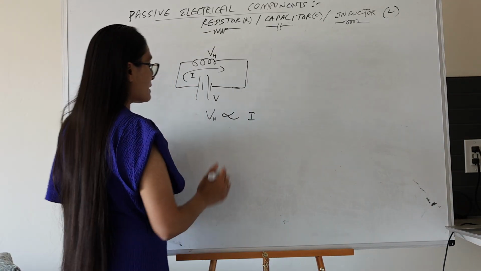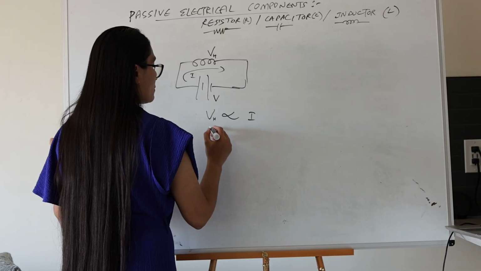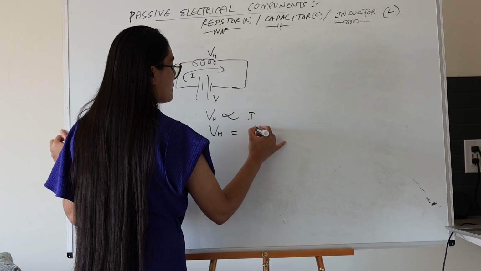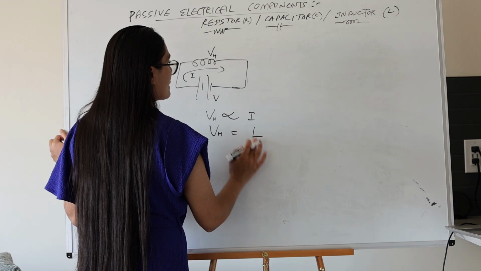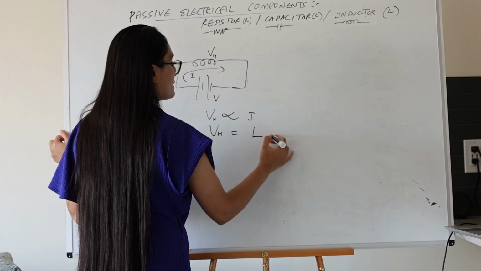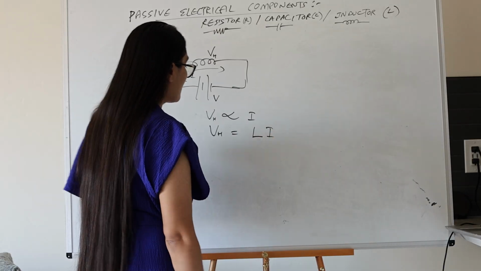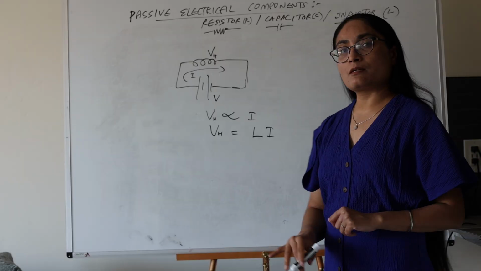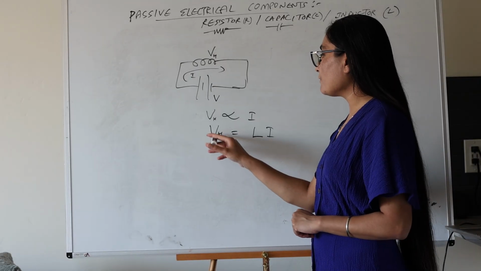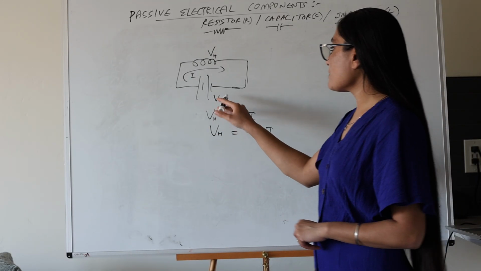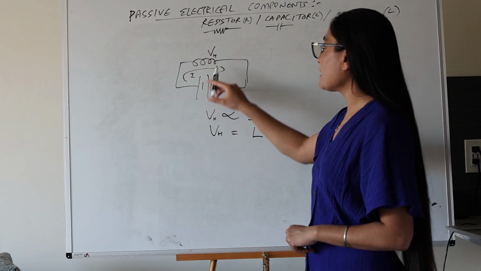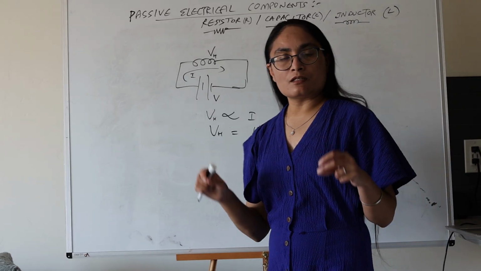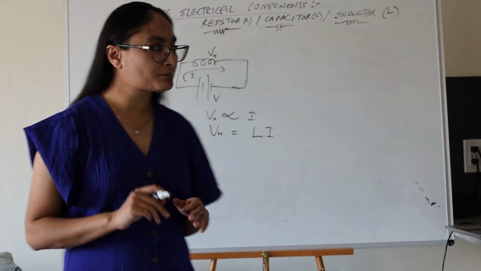And if we were to replace this proportionality with equal, we'll replace it with L, which is the inductance for that inductor, times I. I'm going to drop this H just to keep things simple, so we'll just call it V. But remember that I'm not talking about the V that is applied, I'm actually talking about the V that is induced inside the inductor.